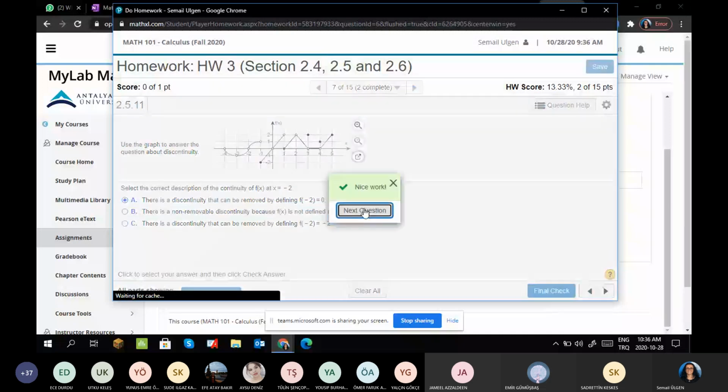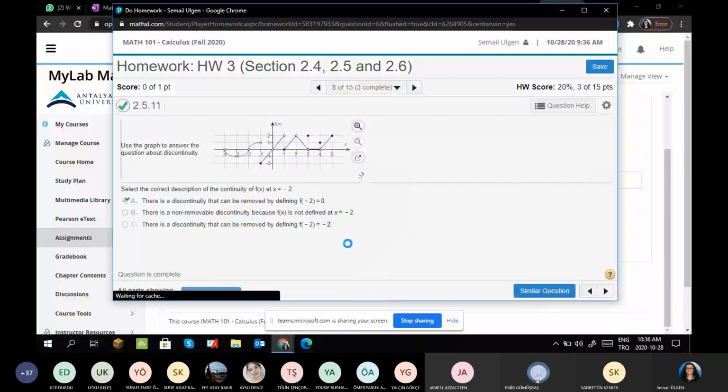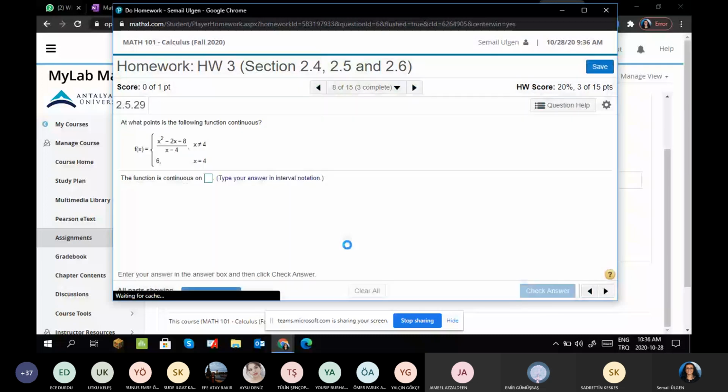Okay. Next, at what points is the following function continuous? The function is continuous on... we have to type the answer in interval notation. So probably the function is continuous at more than one point. Let me do this on the other page. Let me copy this question down.